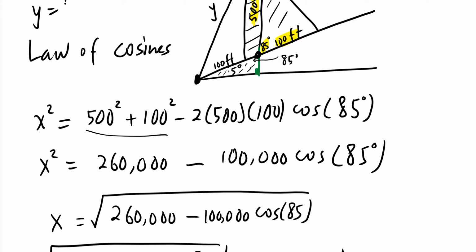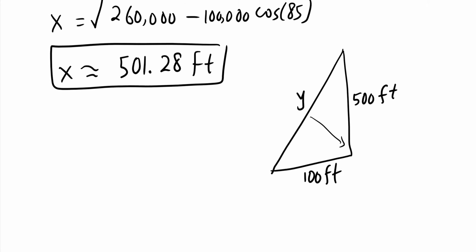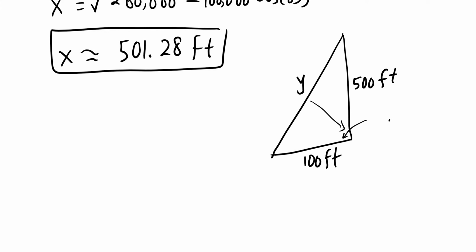This angle here was given as 85. So I can find the angle on the other end, which is 180 minus that. So this angle here is 180 minus 85, which is 95 degrees.